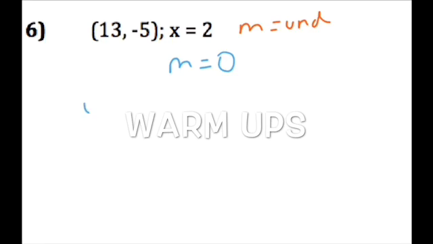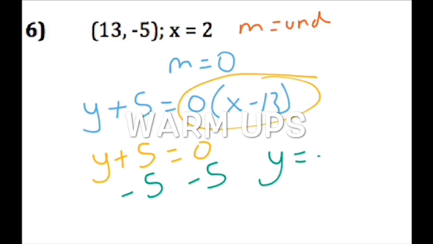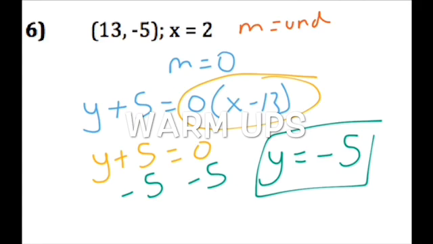So we have y minus a negative 5, which is y plus 5, equals 0 times x subtract 13. Now we know this whole thing equals 0, so y plus 5 equals 0. Subtract 5 from both sides, and we get y equals negative 5. Or we could have just looked up here and saw that y equals negative 5.